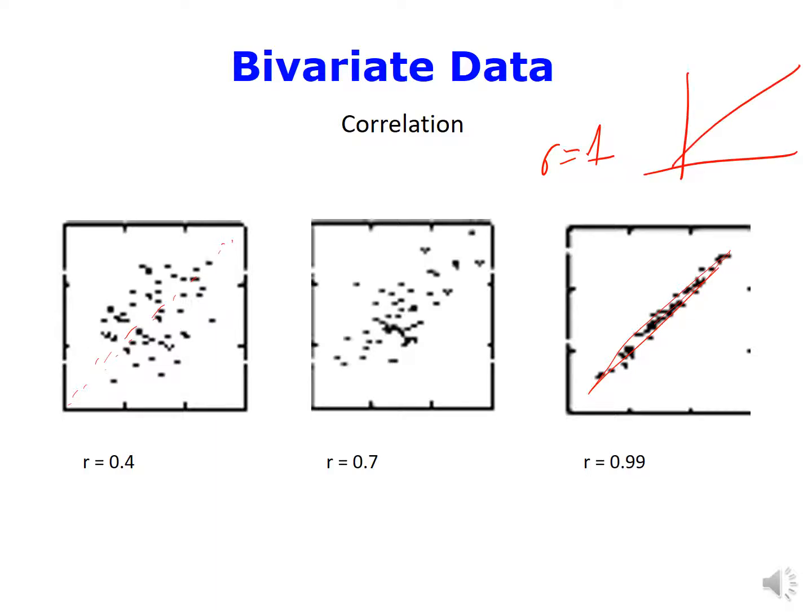If you had r equals negative 1, then they would also fall exactly on a line, but the line would go down. And this is exactly perfect. If you measured the correlation coefficient of the table for y equals 2x plus 5, you would get r equals 1 exactly.